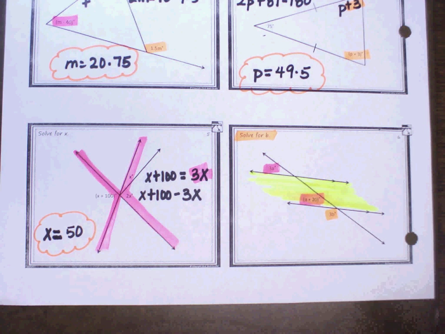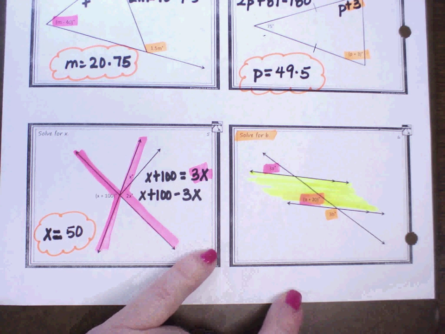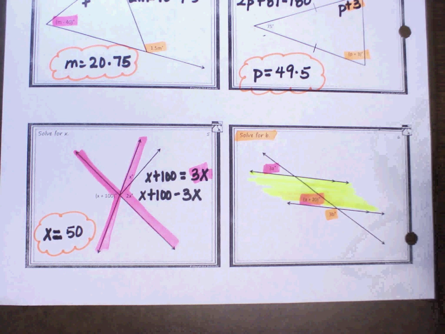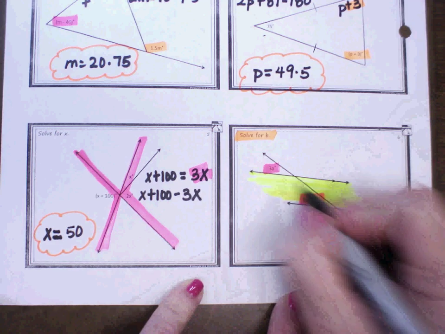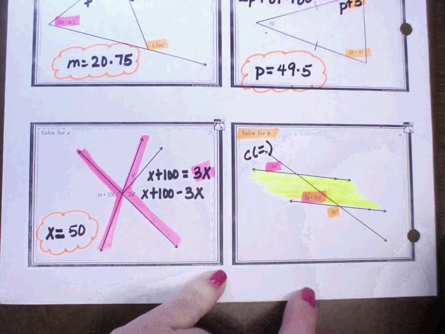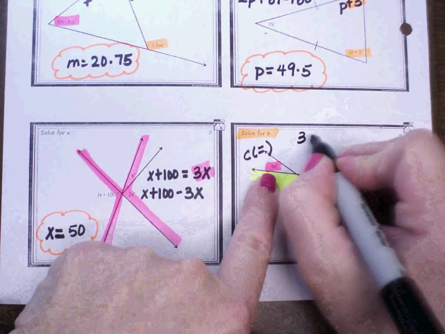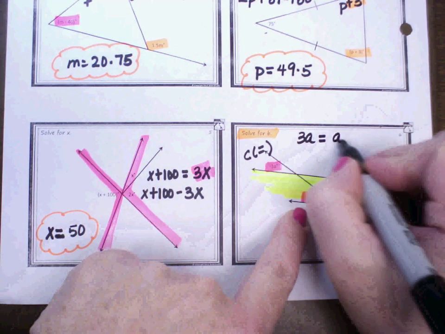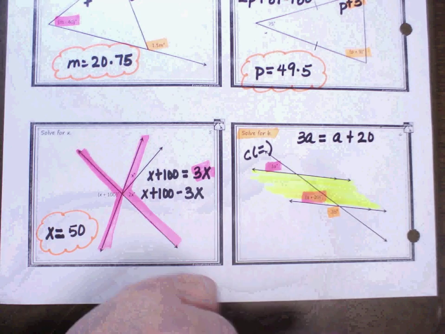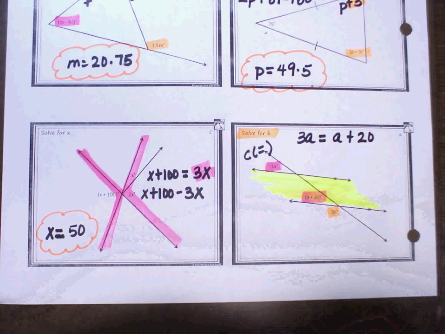I first have to do something with the a's before I can do my b. What kind of relationship is there between the a's? Very good, thank you. They're corresponding. Those two angles are corresponding, which means they're equal.